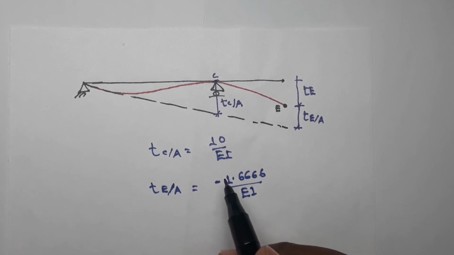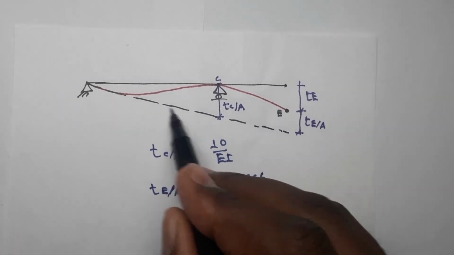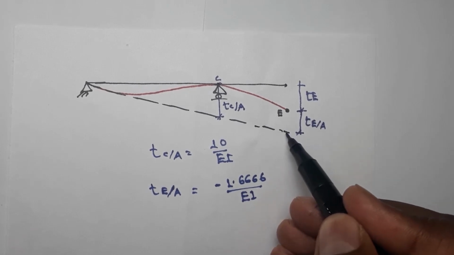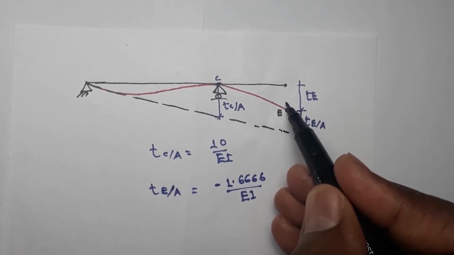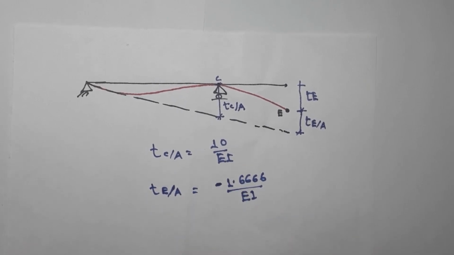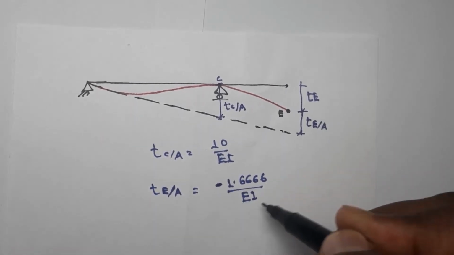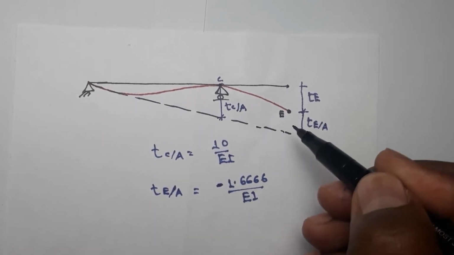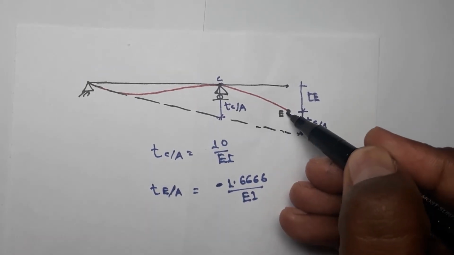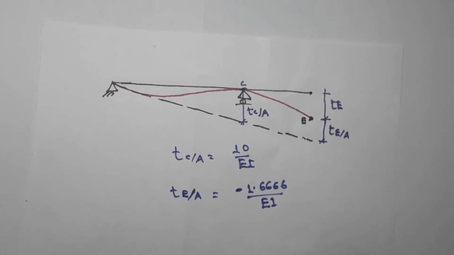So this negative indicates for us that the tangent is not below here, rather it is above here. Okay, anyhow, if we use what we found here in our calculation, it will not cause us any problem, but it is a point that you have to know: if you have got a negative value here, it means that this point is not above your tangent, it's already below your tangent. Okay, so let me continue.